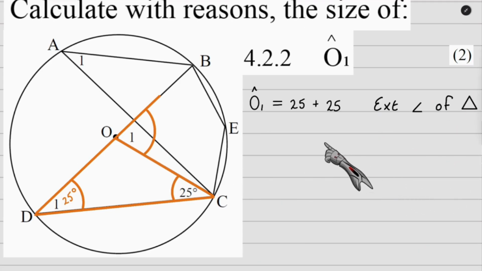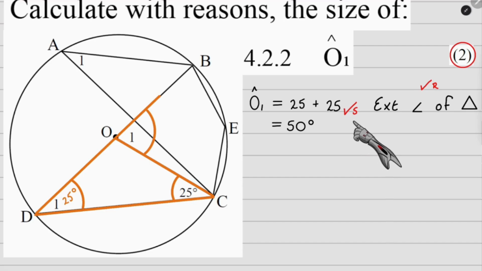O1 is going to be equal to 25 plus 25 for the reason of exterior angle of a triangle. And 25 plus 25 will just give me 50. And let's have a look where the marks come from. You're going to get 1 mark for your statement and 1 mark for your reason.